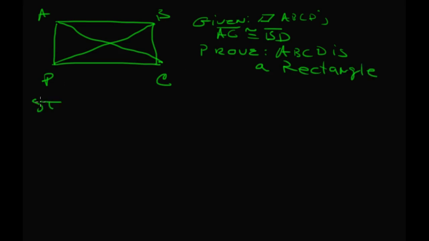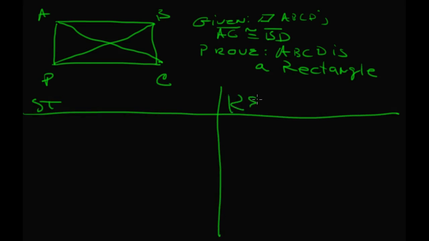Okay, so let's build this one out a bit. All right, so we first know that ABCD is a parallelogram that's given to us.